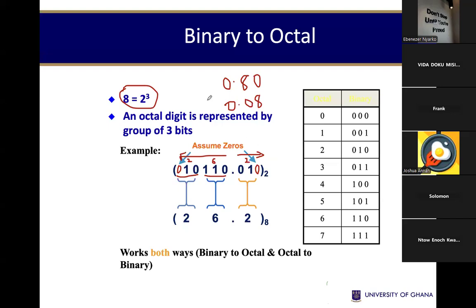Hello, sir. My question is on the binary example you gave, converting 175.3125 to radix 8.